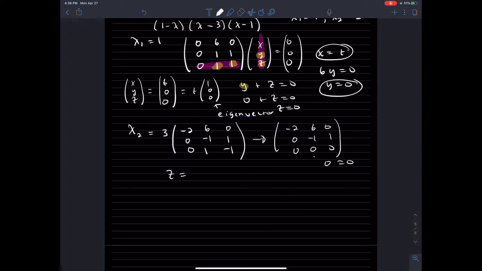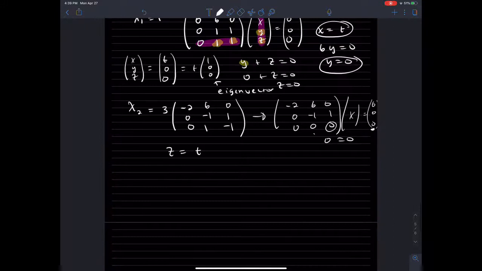So in my last row, 0 equals 0. So z equals t is my parameter.